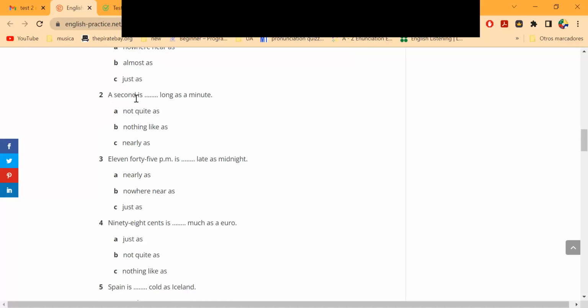A second is long as a minute. Comparen un segundo con un minuto. Es grande la diferencia. ¿Cuál calza mejor? A second is nothing like as long as a minute.